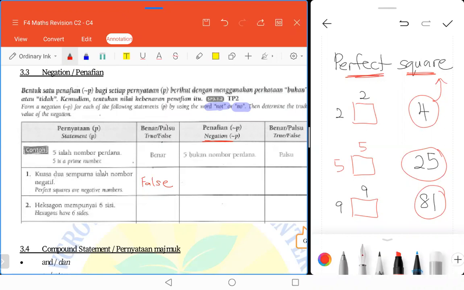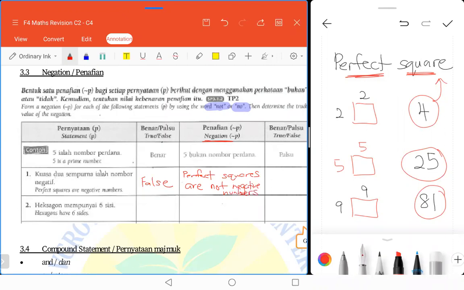Just like in English, you add in the word not or no. Typing, is it? Okay, the answer is correct. Perfect squares are not negative numbers.